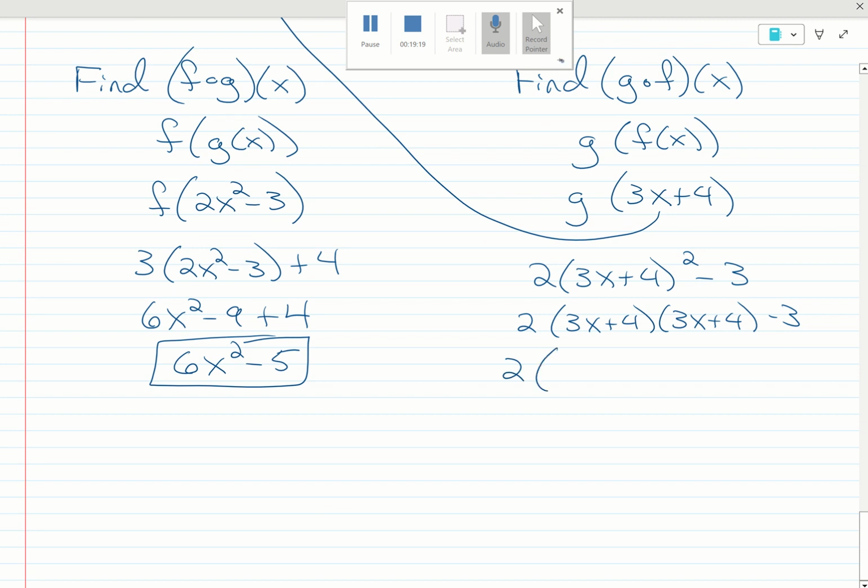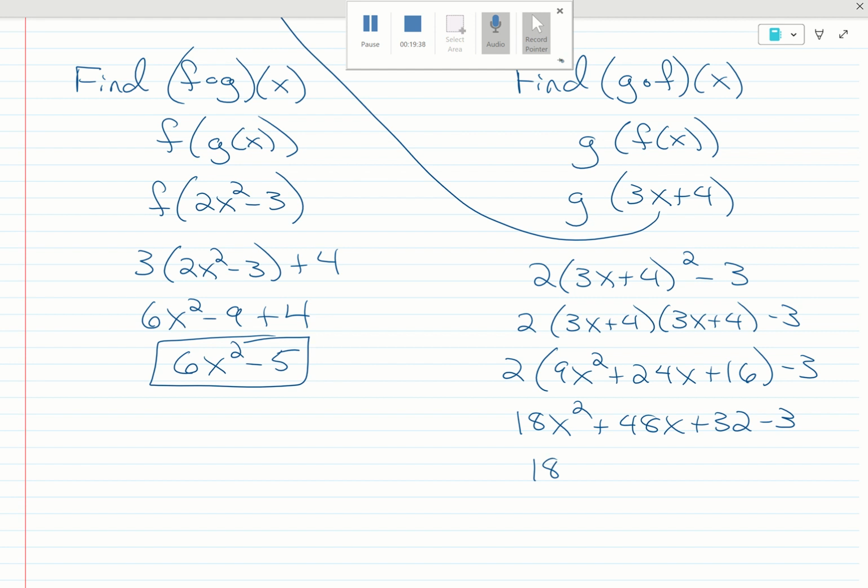This would give us 9x squared plus 12x plus 12x is 24x plus 16 minus 3, or 18x squared plus 48x plus 32 minus 3, or our final answer of 18x squared plus 48x plus 29. That's what that would be.